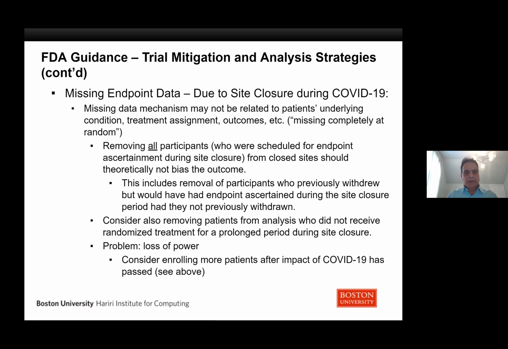You can also consider removing patients from analysis who didn't receive randomized treatment during site closure. This lack of data, lack of treatment, is not due to the patient's underlying condition. The only problem is that removal of patients, while it may not increase bias in this situation, will cause loss of power. And you may want to consider enrolling more patients after the COVID-19 impact has passed.